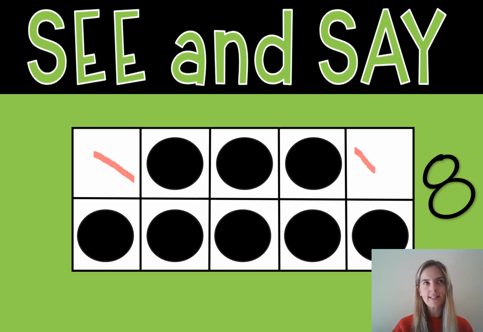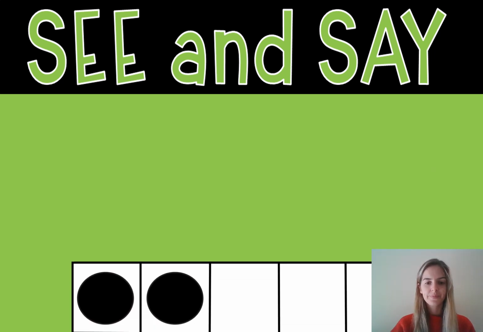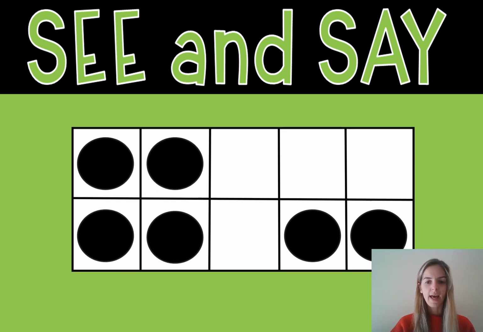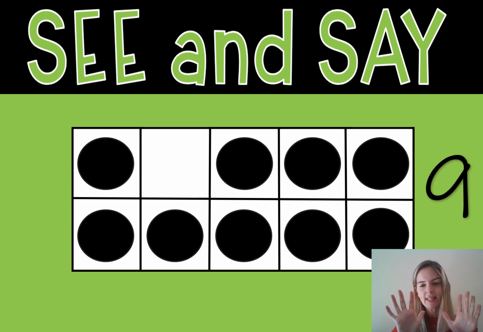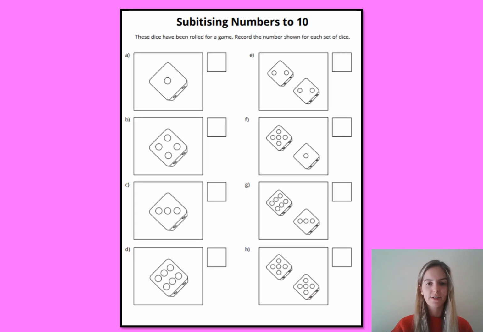So in our heads, if we have 10 and we take away 2, 1, 2, we're left with 8. How many's here? 4 and 2 is 6. 9. So we started with 10 and then there was 1 missing. So then we have 9 left.